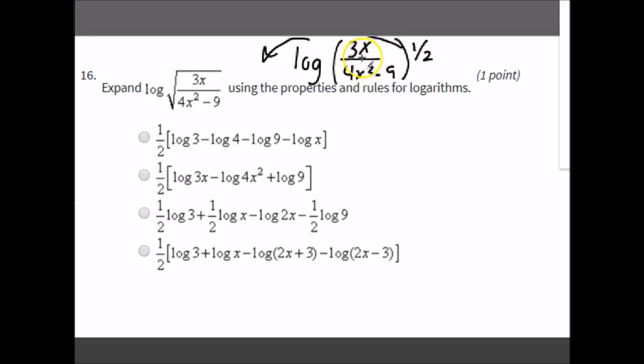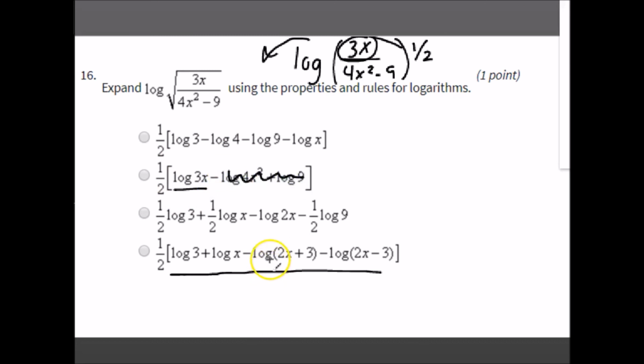The next thing I want you to notice is this division going on. Division implies subtraction. So I also see within this numerator 3 times x, so that product becomes a sum. So I'm leaning towards actually answer choice D. Let's see what's happening here, because this one wasn't fully expanded and this isn't correct.